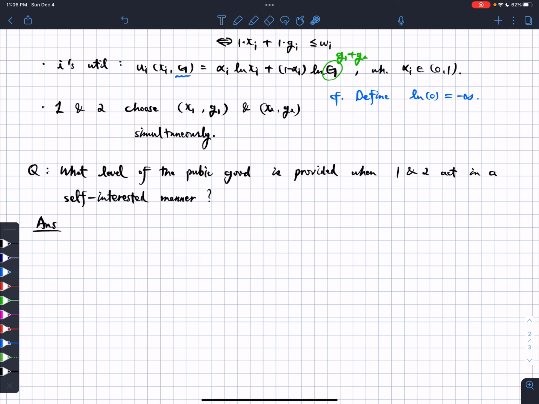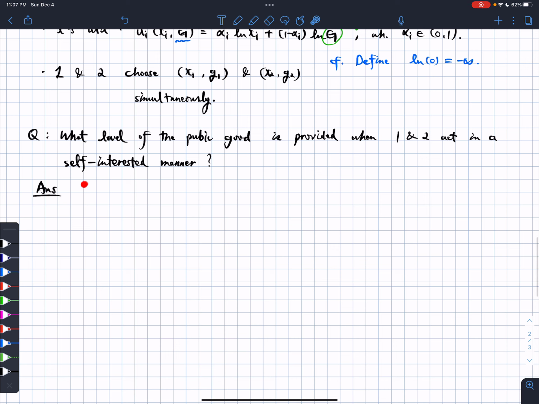So the steps for identifying Nash equilibria, this is something we have done many times. We first of all derive the best response for each player, and then see where the best responses intersect, right? So step one: find player one's best response.